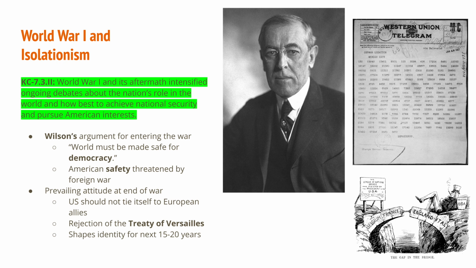And so he says that the world must be made safe for democracy, that we should have freedom of the seas and neutral countries should be able to go back and forth and trade with whomever they want. And so therefore, we must enter the war. American safety was being threatened by this foreign war, and so therefore we had to do something about it.